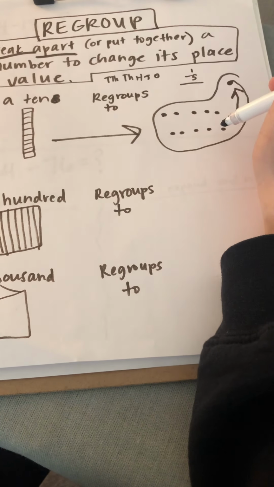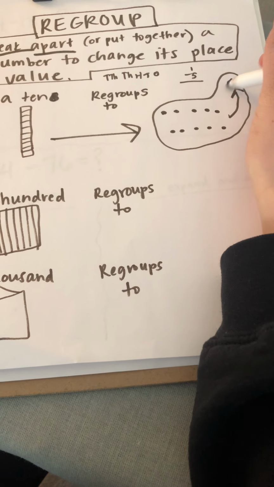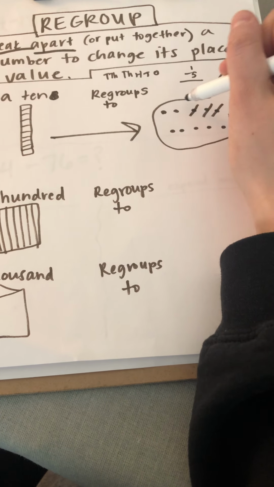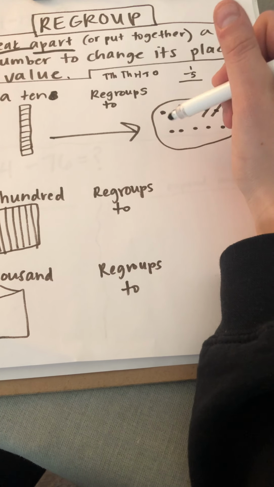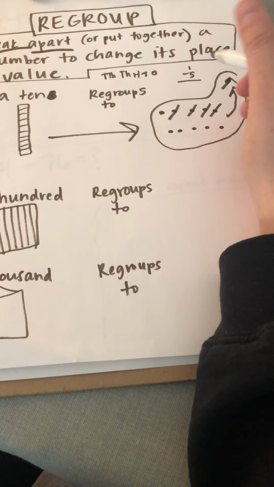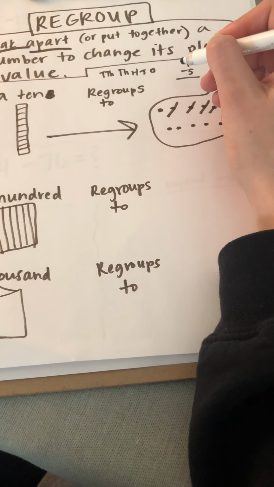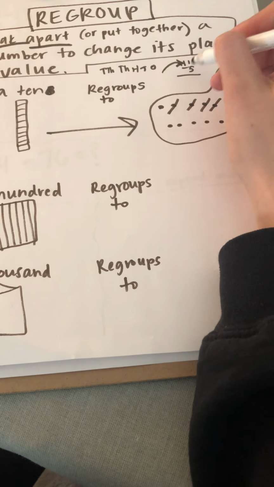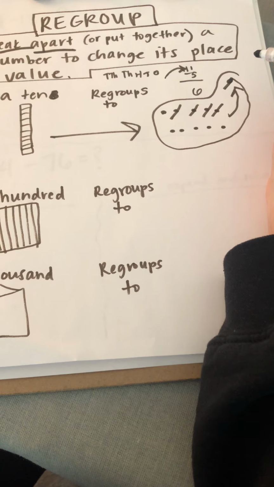So once we regroup, we can take away what we needed to and see how many are left. 2, 3, 4, 5, 6. So that means that 11, because we regrouped to 10, minus 5 gives us 6.